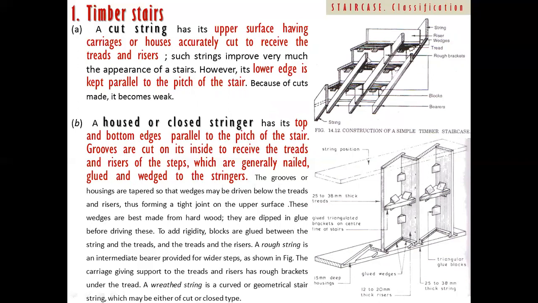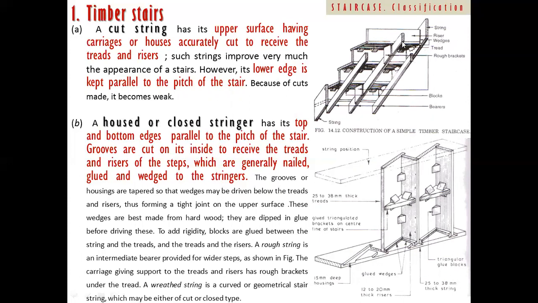And if your staircase is getting wider, suppose you want to build 1.8 meter, double of that, 180 centimeter, you may need to provide two bearers. One bearer is here, another bearer is here, and this is the additional support.